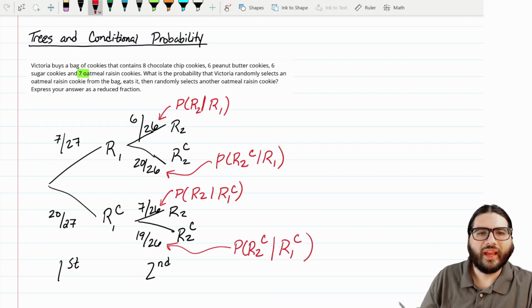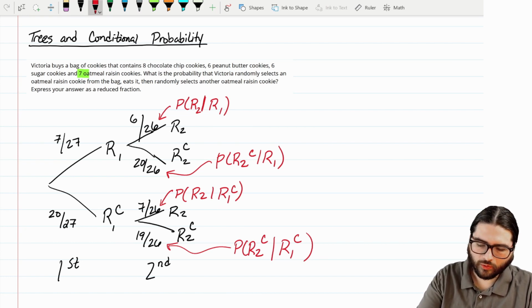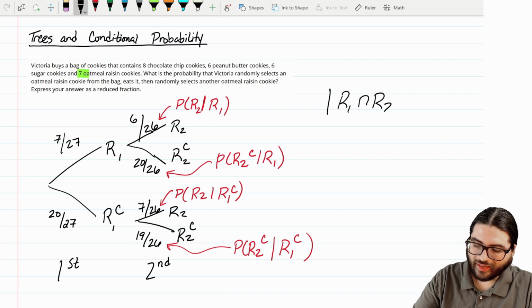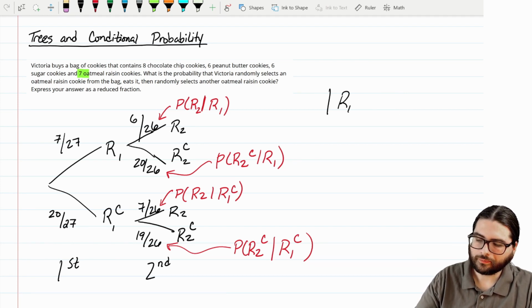And so basically everything in the second layer of the tree and thereafter is a conditional probability. And I wouldn't ask you to do a third layer of the tree, but if I did, if I kept going, those would be conditional on the choice that you made for R1 and the choice that you made for R2. Those are a little bit more complicated. We won't do a whole lot of those in this class.